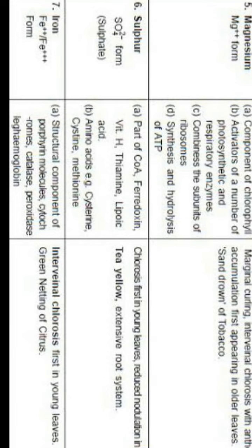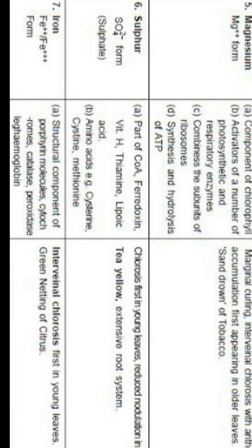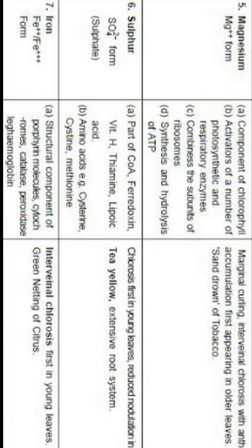Next, students, it activates catalase enzymes and is essential for the formation of chlorophyll. Next, deficiency symptoms: interveinal chlorosis first in young leaves, green netting of citrus. So this is about iron.